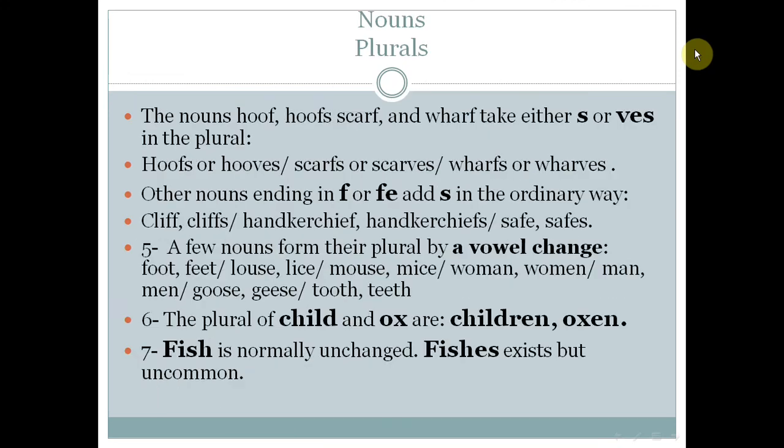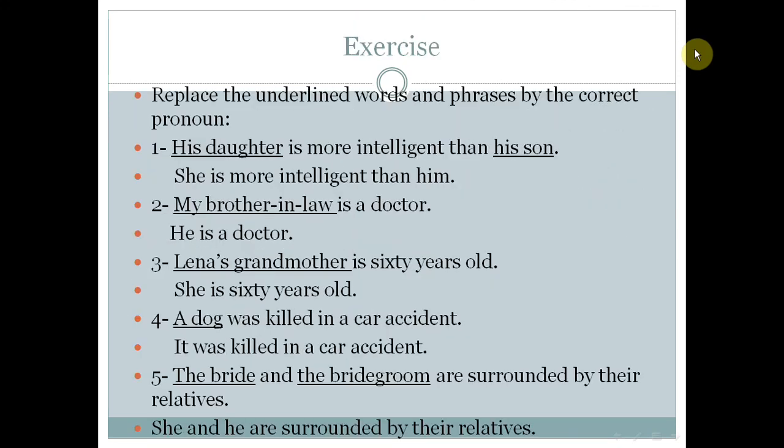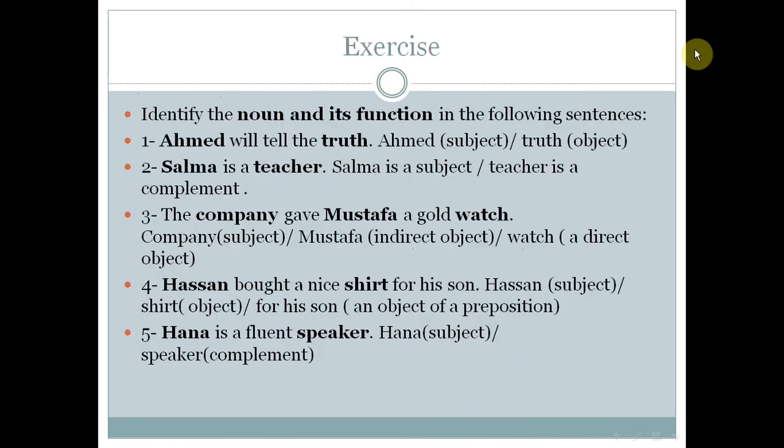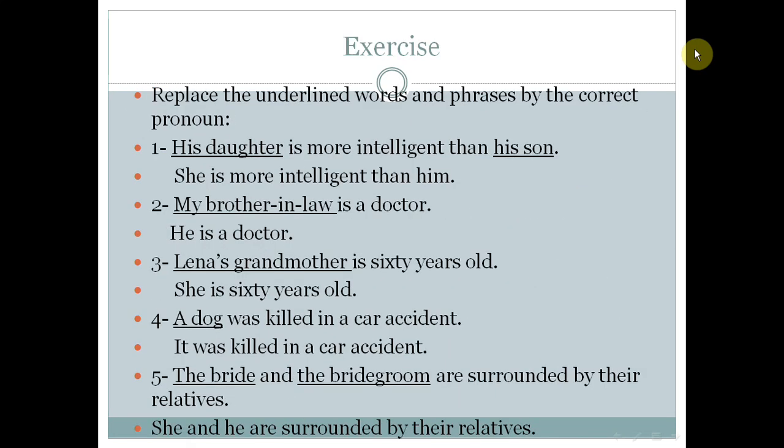Now here we have a slide. Replace the underlined words and phrases with the correct pronoun. His daughter is more intelligent than his son. So his daughter is underlined, his son is underlined.